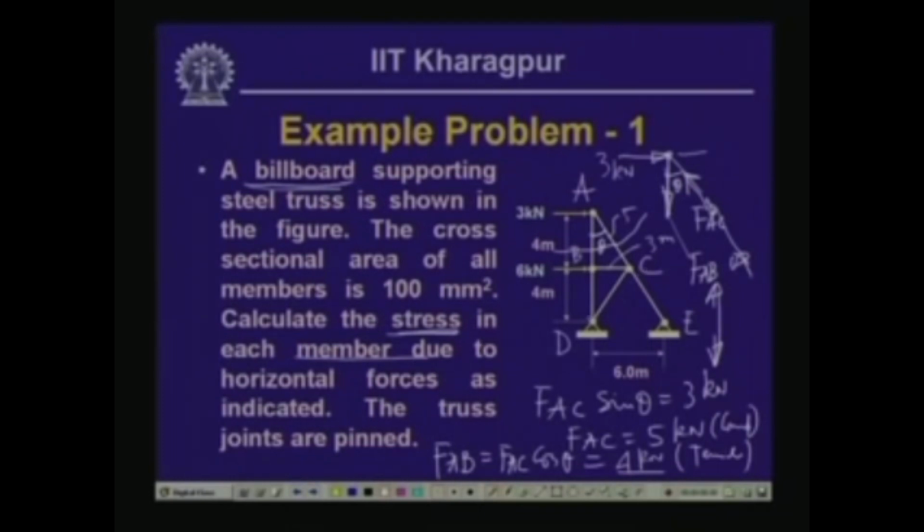Likewise, we will have to compute the forces in this bar, in this bar, in this bar, and in this bar. Now, supposing if I cut the structure from here and take the free body of the upper part of it, then we get a configuration like this.